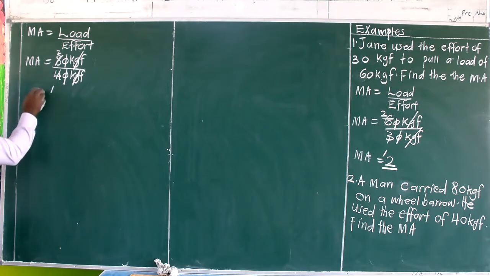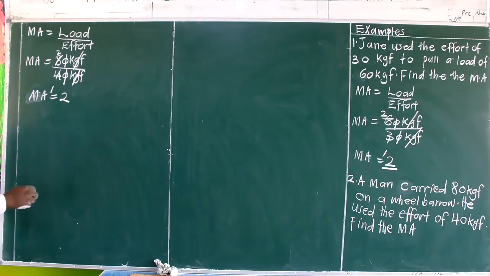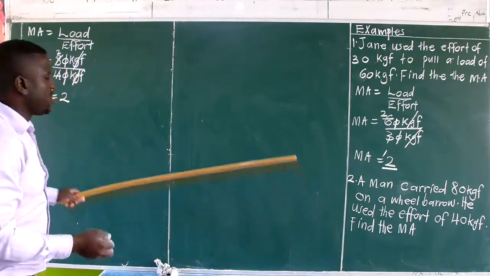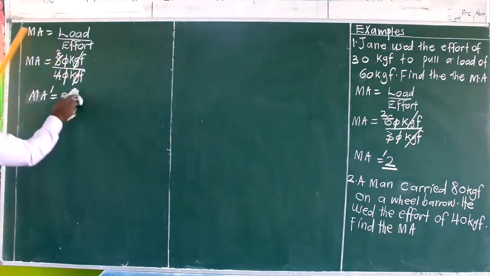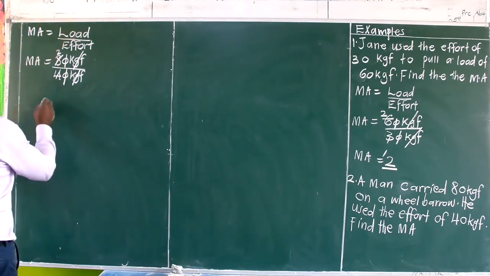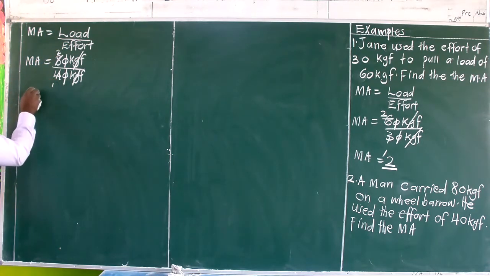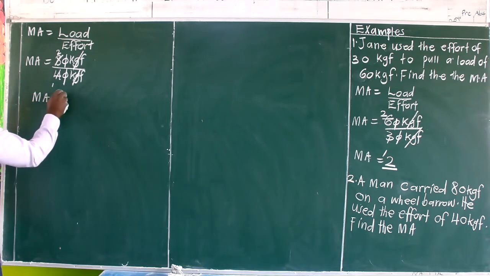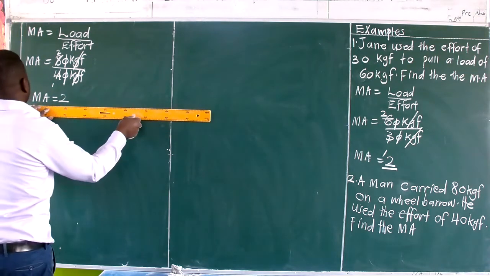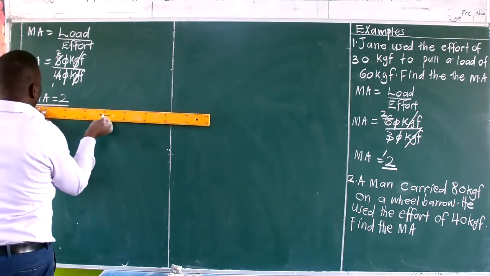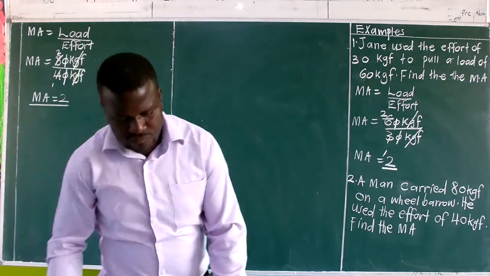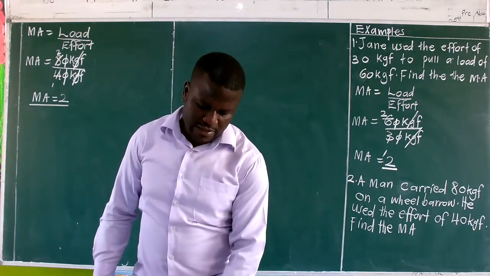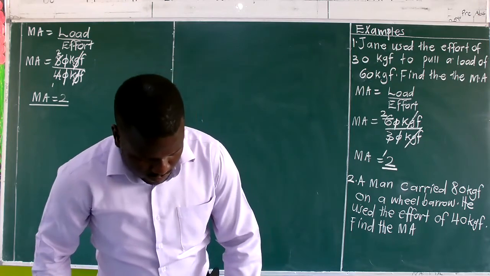So the mechanical advantage equals 2. And as I said, mechanical advantage does not have units because it is a ratio. As simple as that. Mechanical advantage is load out of effort.